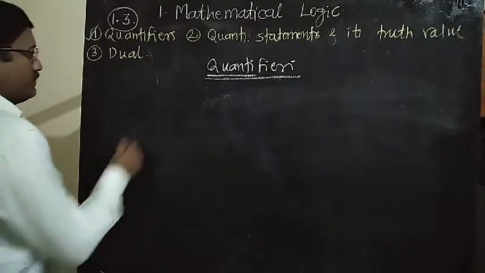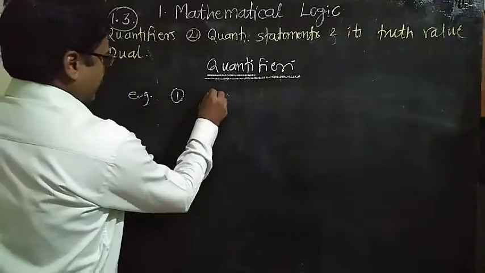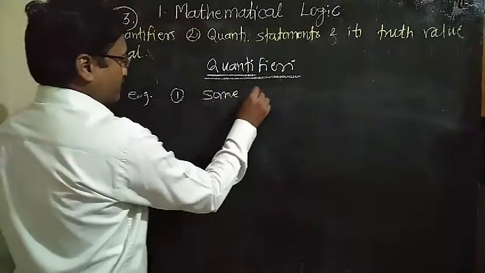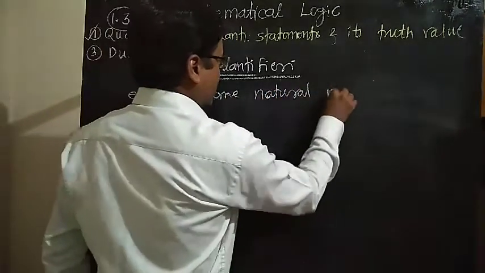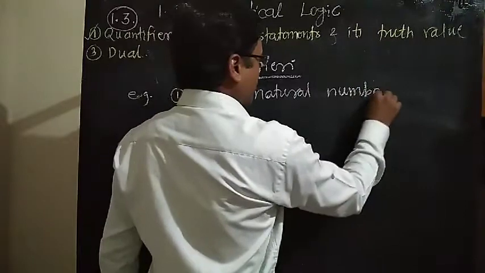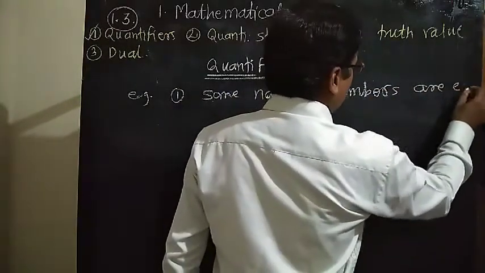Let us see one example. Some natural numbers are even.